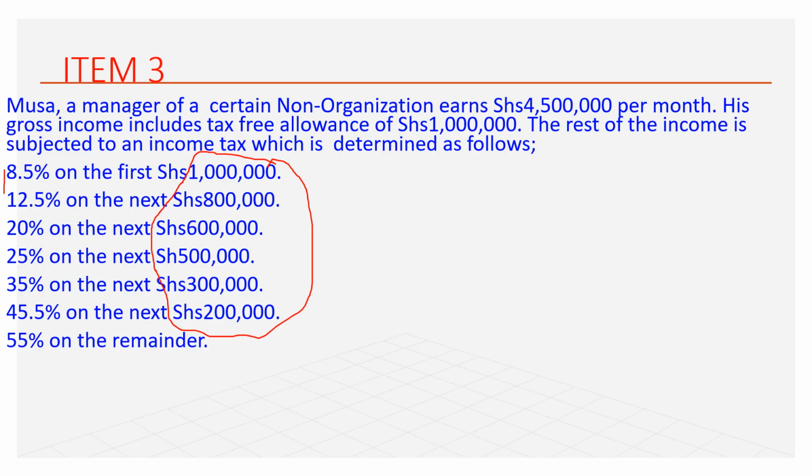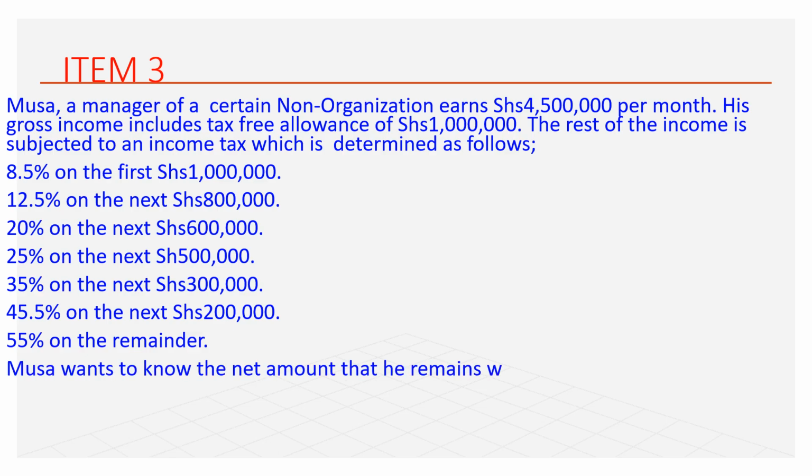The balance gives us the remainder. So we need to get that remainder, the remainder that takes 55%.